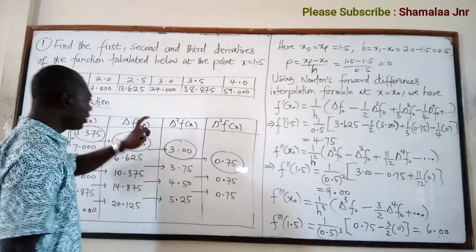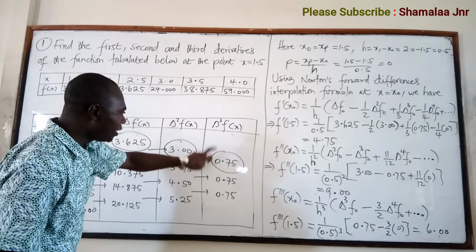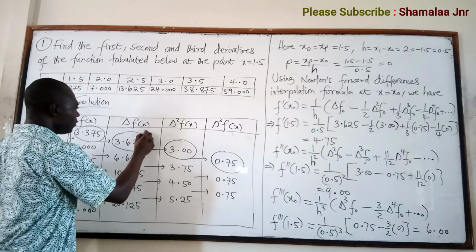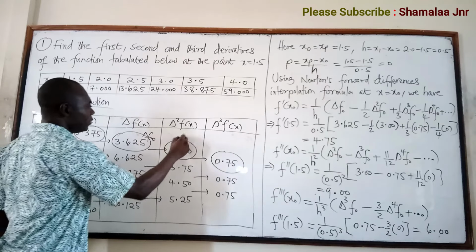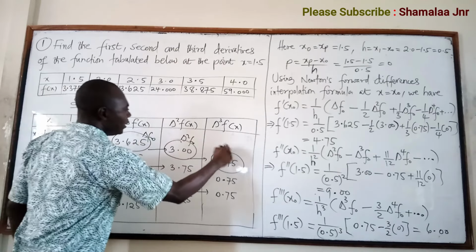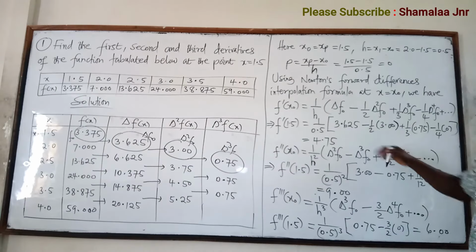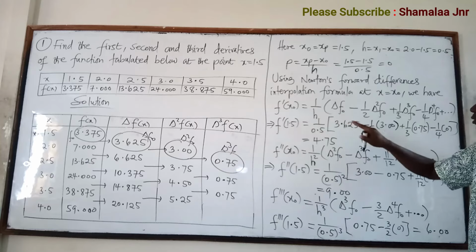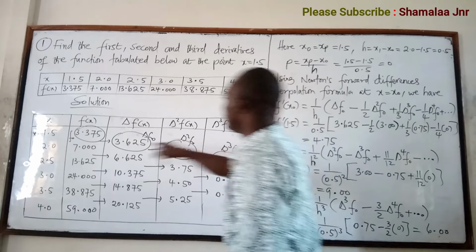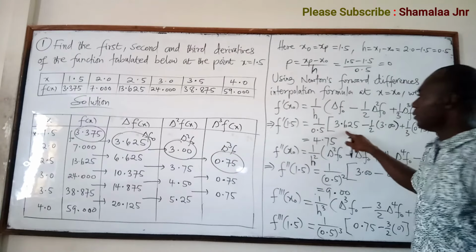So this one is delta f naught, delta squared f naught, delta cubed f naught. So if you come here, you just do the substitution. Delta f naught, this is delta f naught, isn't it?